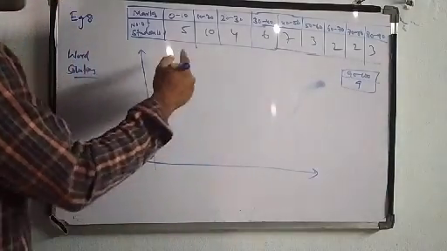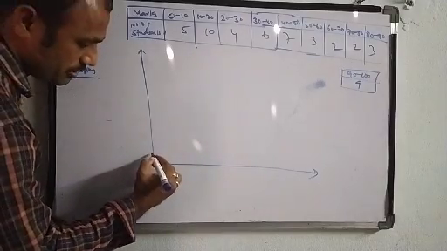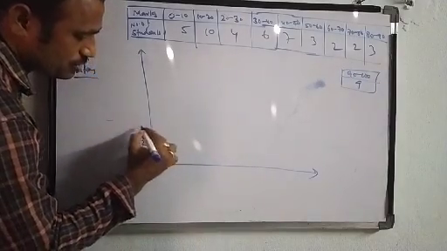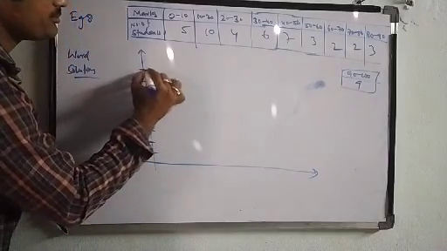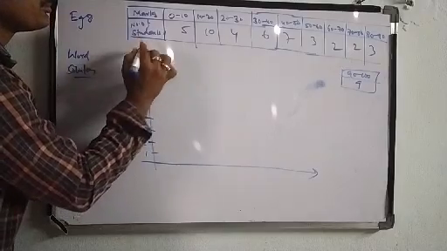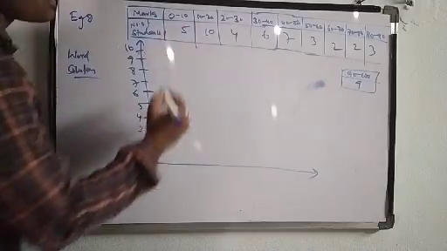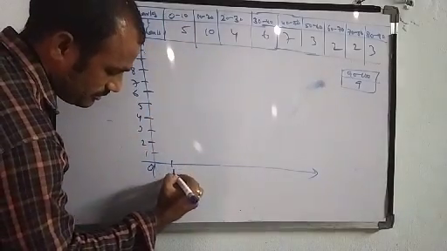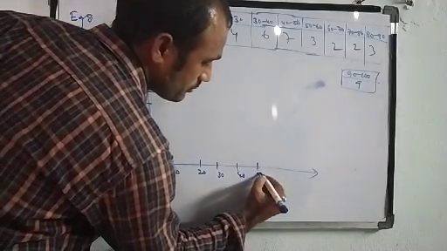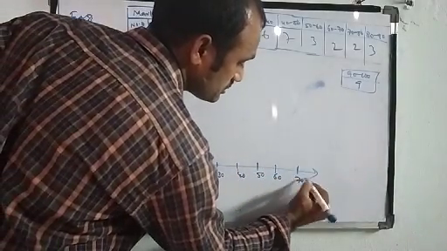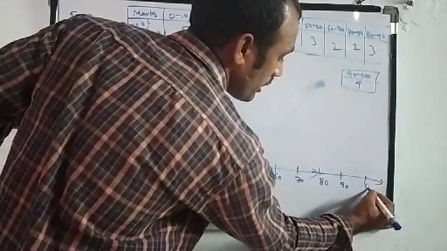So on the y-axis, the highest number is 10, so I can take it as one table. So 1, 2, 3, 4, 5, up to 10. Next, on the x-axis, the class intervals are 10, 20, 30, 40, 50, 60, 70, 80, 90 and 100.